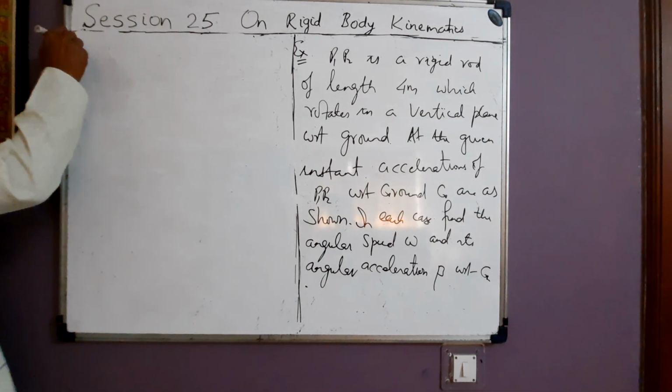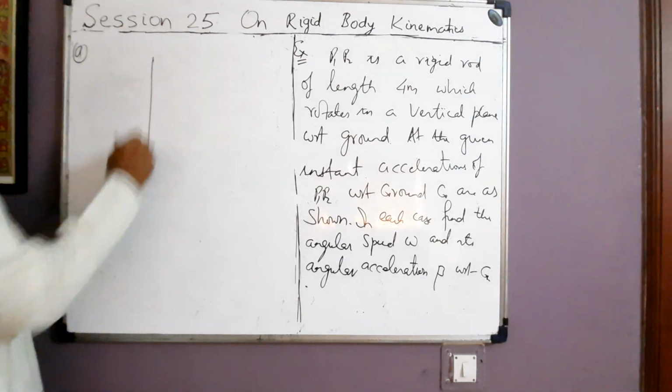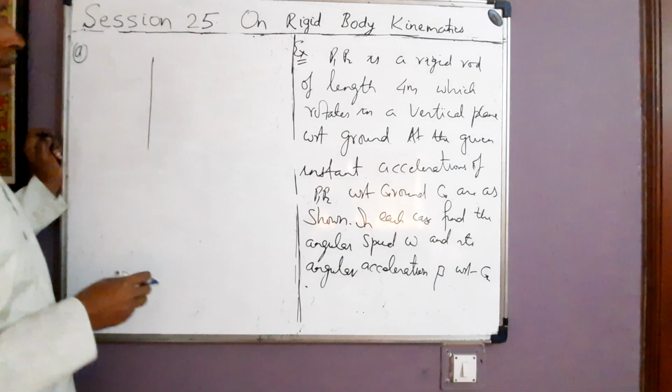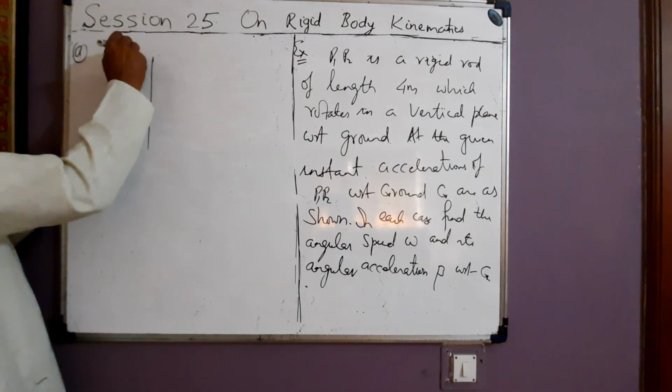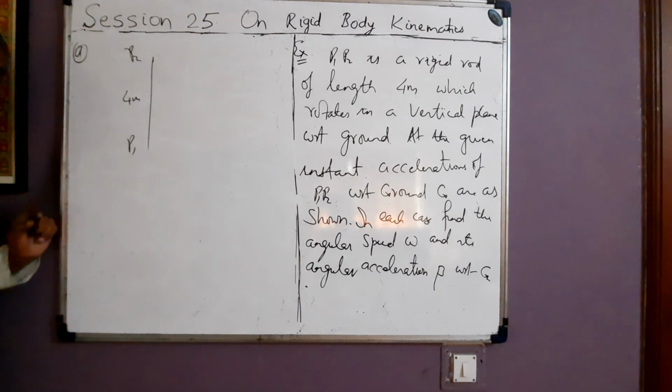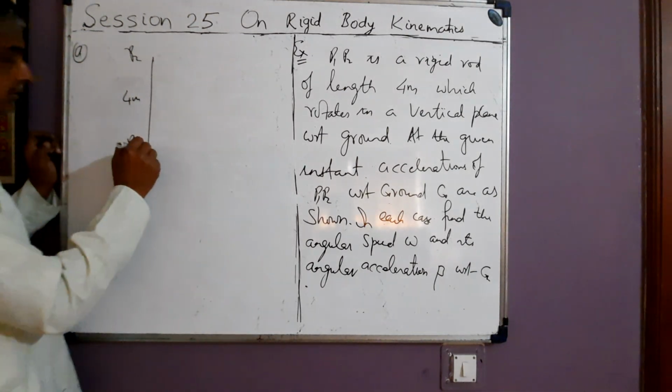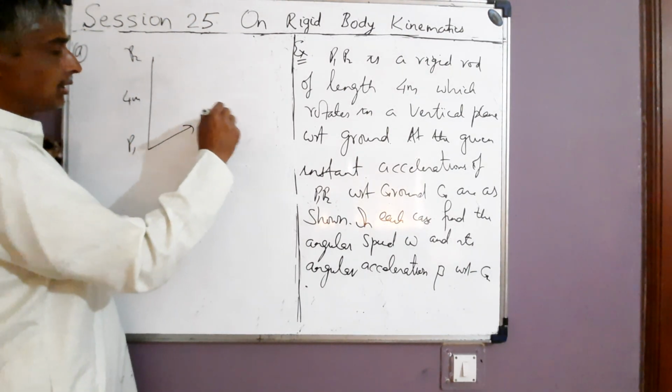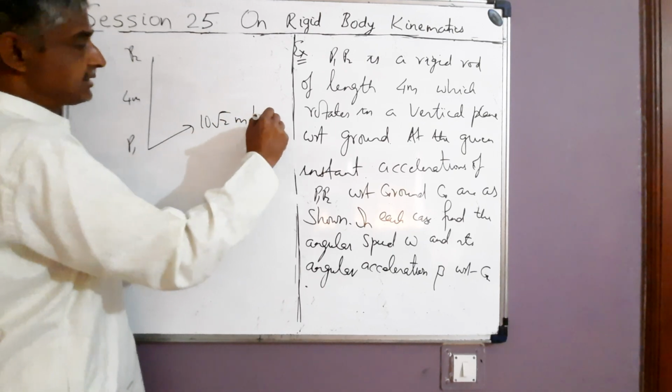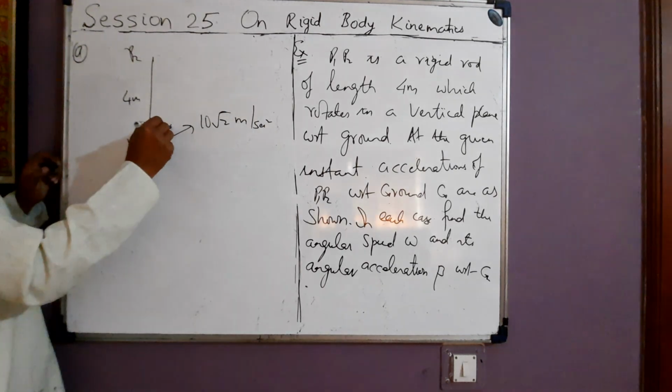So part A is this. This is a rod P1, P2 whose length is 4 meter. The acceleration of P1 is given to be 10 root 2 meter per second square at 45 degree.